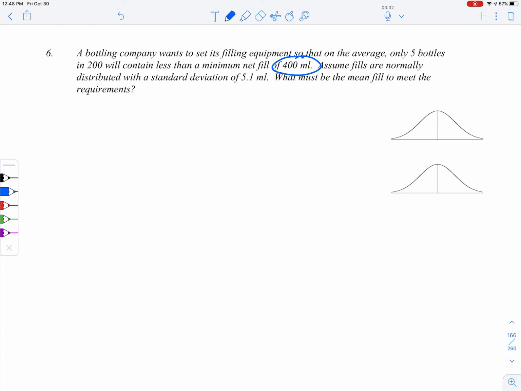I don't tend to drink Coke, so I might be off on that number, but I think that's what it is. We're just going to make it a little easier and say, let's say it's 400 mils. So if you take a look at a Coke can or any type of beverage can, even a beer bottle, you'll notice that it gives you the amount that is in there. So 355 mils, or in this case, 400 mils.